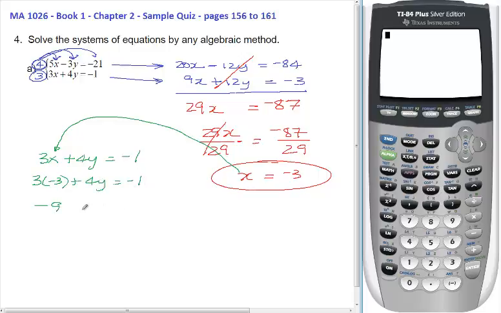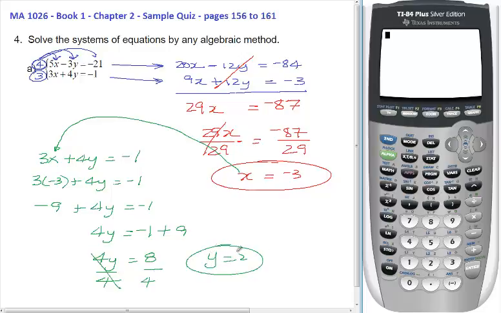We got negative 9 plus 4y equals negative 1. Add 9 to both sides, gives us negative 1 plus 9, so 4y equals positive 8. Divide each side by the coefficient of y, which is 4, and we get y equals 2.